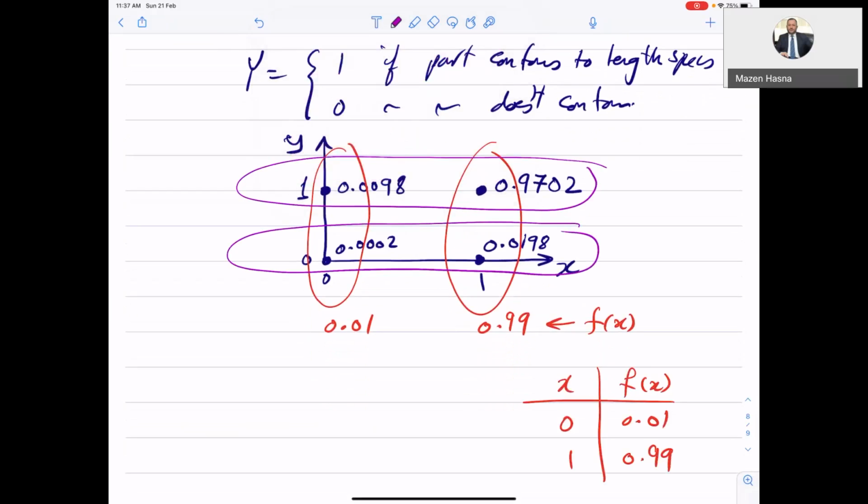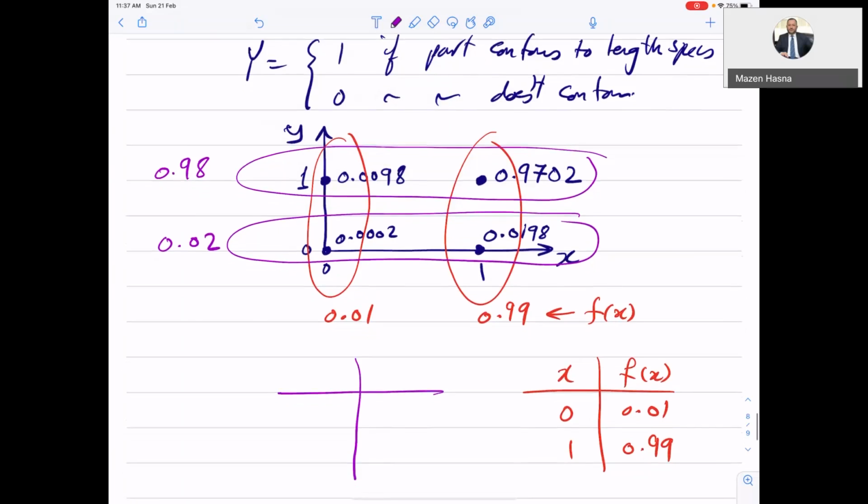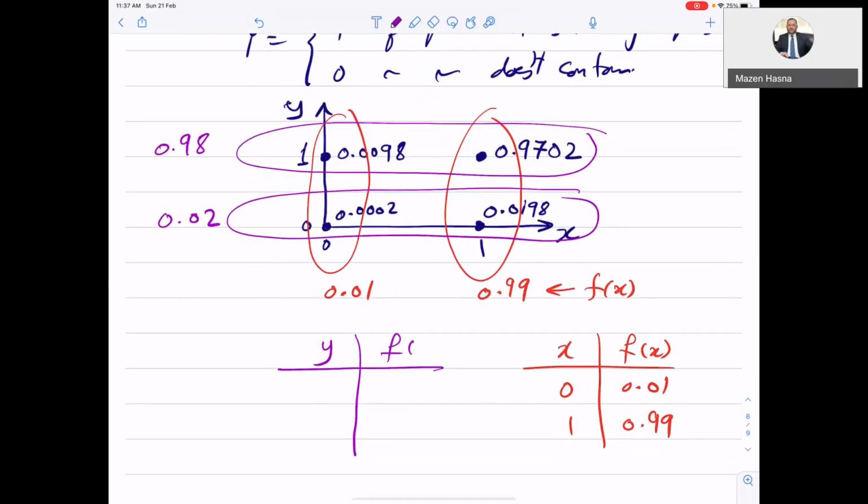So y is 0.98 and 0.02. So f of y can be 0 and 1 with probability 0.02 and 0.98.